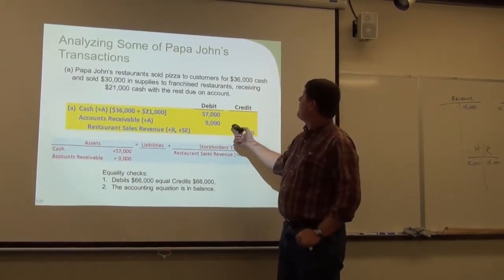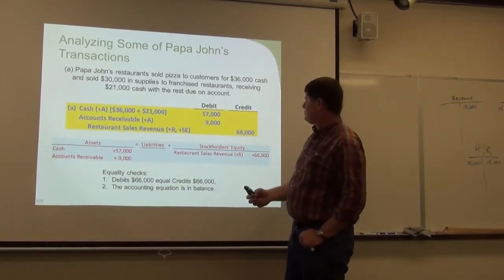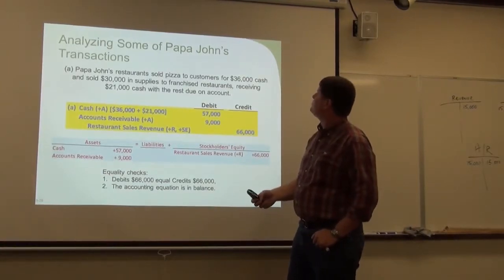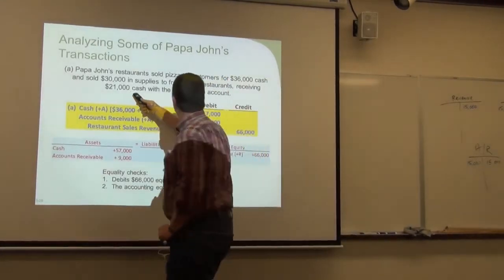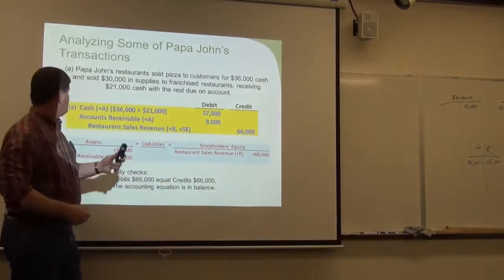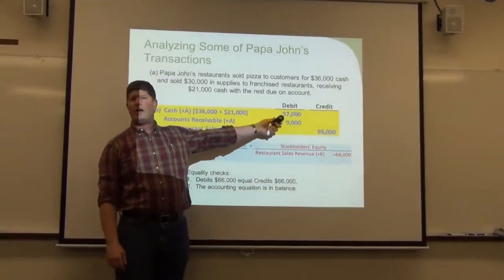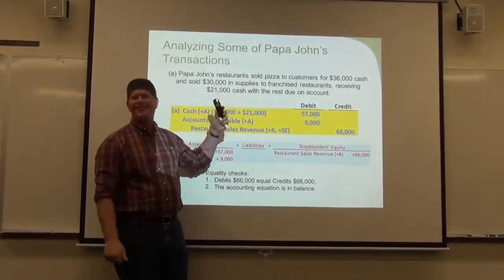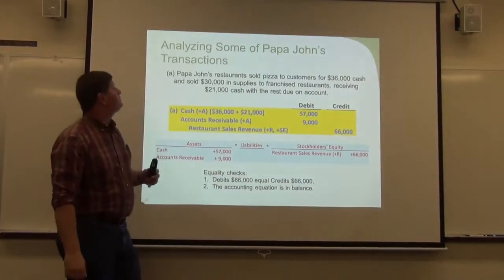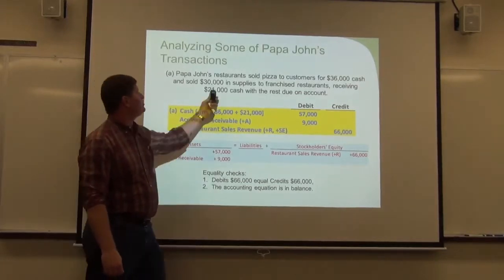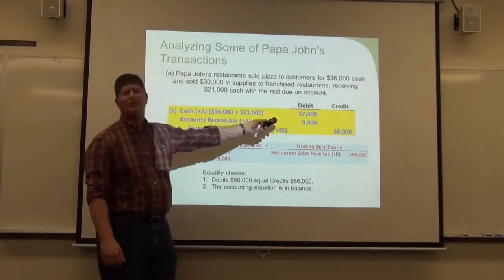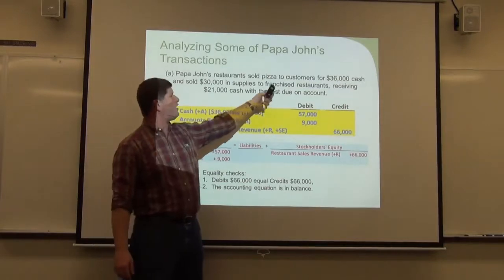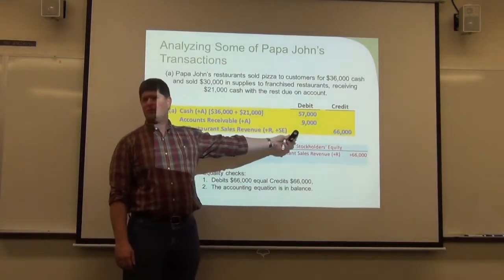We got some of it in cash, receiving $21,000 in cash and the rest on account. In my mind, the cash should say $21,000, right? No, at the top it says $36,000 cash. Oh, okay, so it's 21 plus 36, which is 57. Which means the franchise guys owe us $9,000.